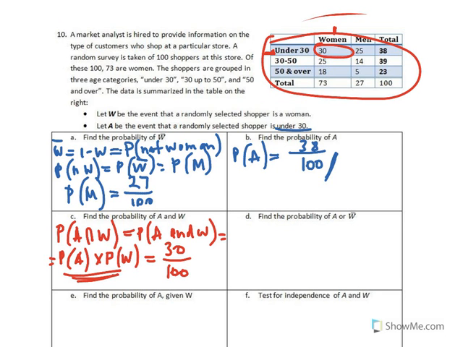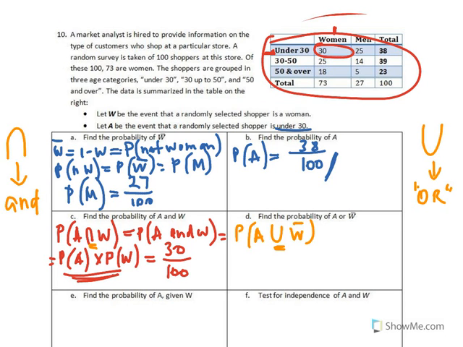D. Find the probability of A or not W. Now this is going to be written as the probability of A or not W, or W bar. Now you see this? This is the OR sign, and the intersect sign is that. Whenever you see this sign, that is AND, and whenever you see this sign, that is an OR statement.